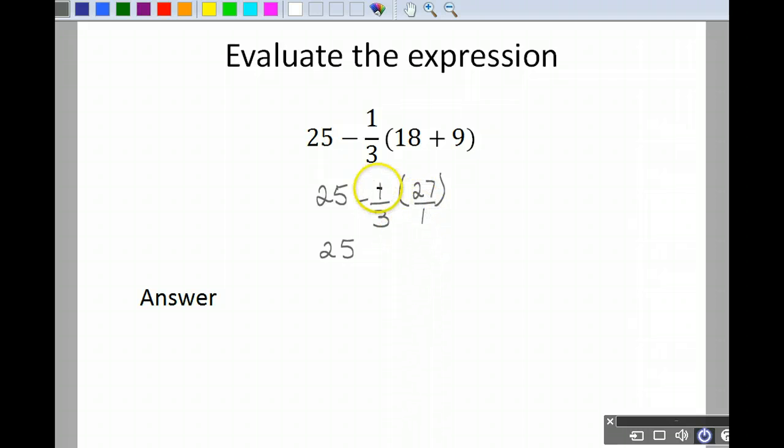I'm going to multiply the numerator times the numerator, the denominator times the denominator. So I have 25 minus 27 over 3. 27 over 3, I can simplify that. 27 divided by 3 is 9. So I have 25 minus 9, which is equal to 16.